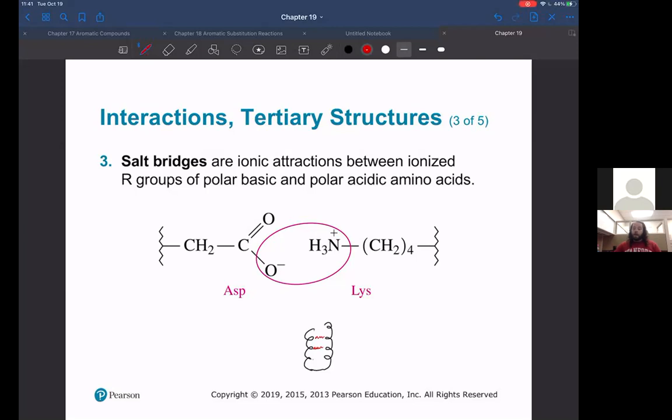Remember, opposite charges attract. These form what are called Coulombic interactions, or these favorable interactions between positive charges and negative charges. So we have the negative end of this amino acid here forming a salt bridge with the positive charge on this amino acid here.